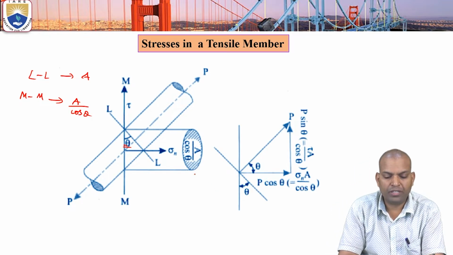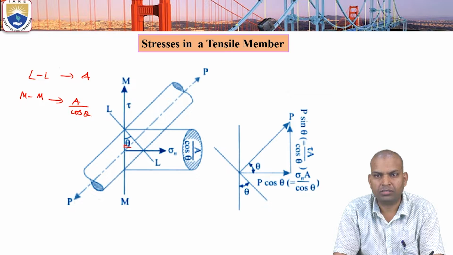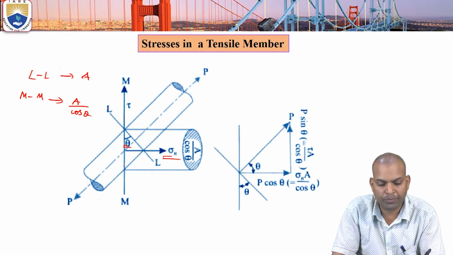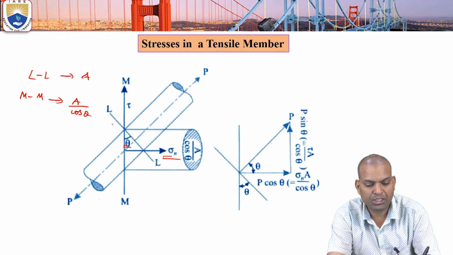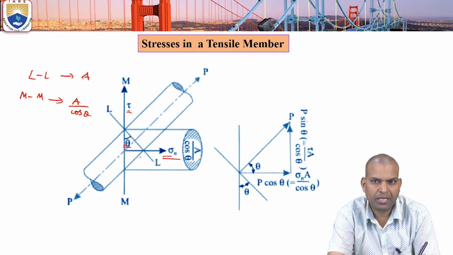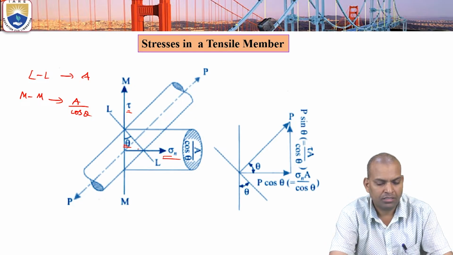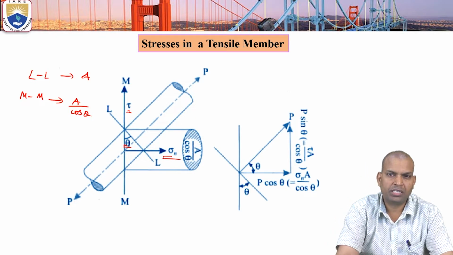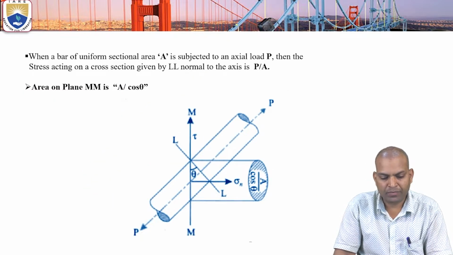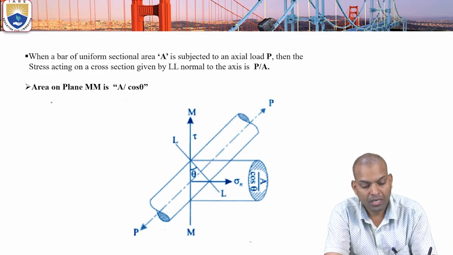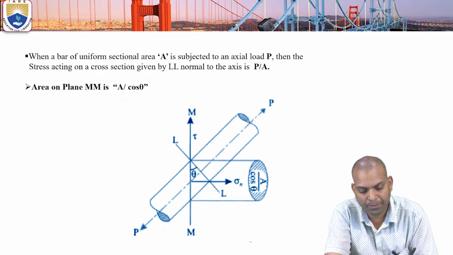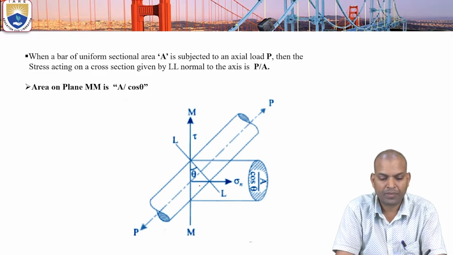Now if we resolve the components, normal to the section plane it is sigma n, the normal stress, and along the section plane it is the shear stress. The area of cross section of this MM plane is A by cos theta.